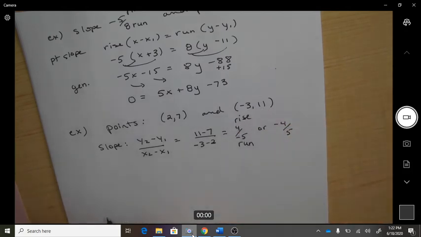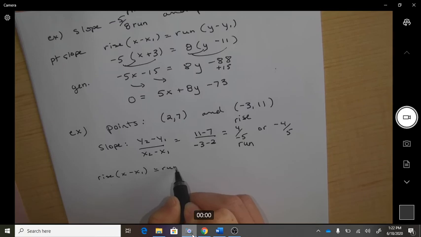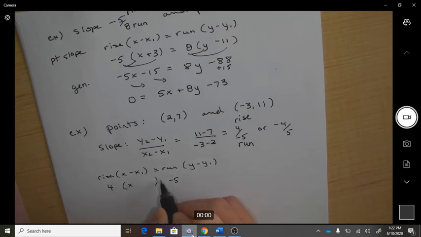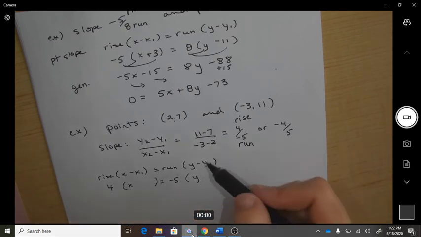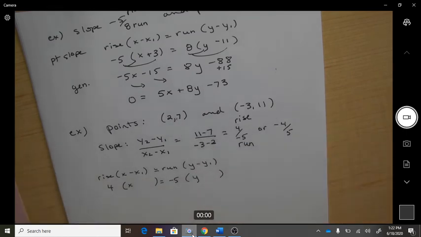Okay, so I'm going to use point slope form. So 4 goes there, -5 goes there. Okay, and then at this point, it doesn't matter if you're going to plug this coordinate in or that coordinate.